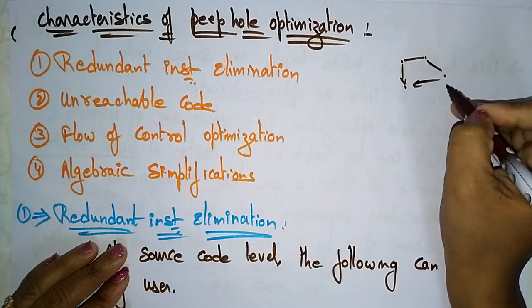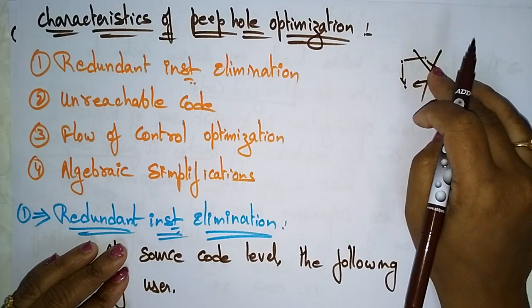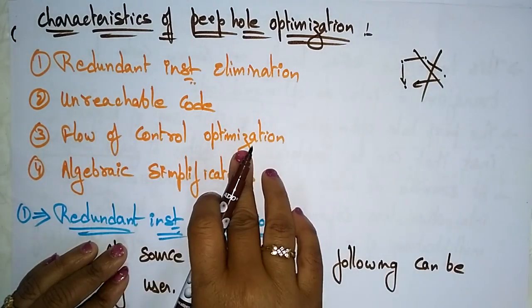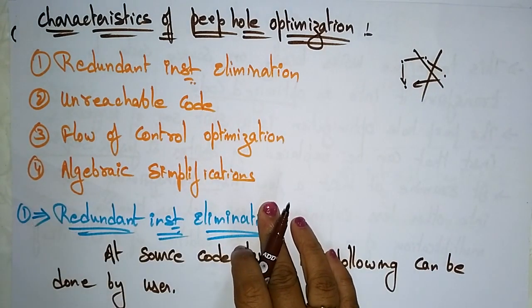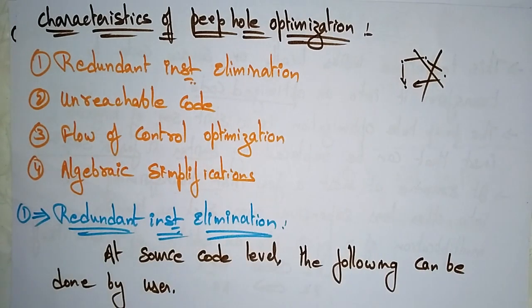So removing this type of flow and taking the less expensive flow is flow of control optimization. And in algebraic simplification also, we are reducing the sequence of the statements.